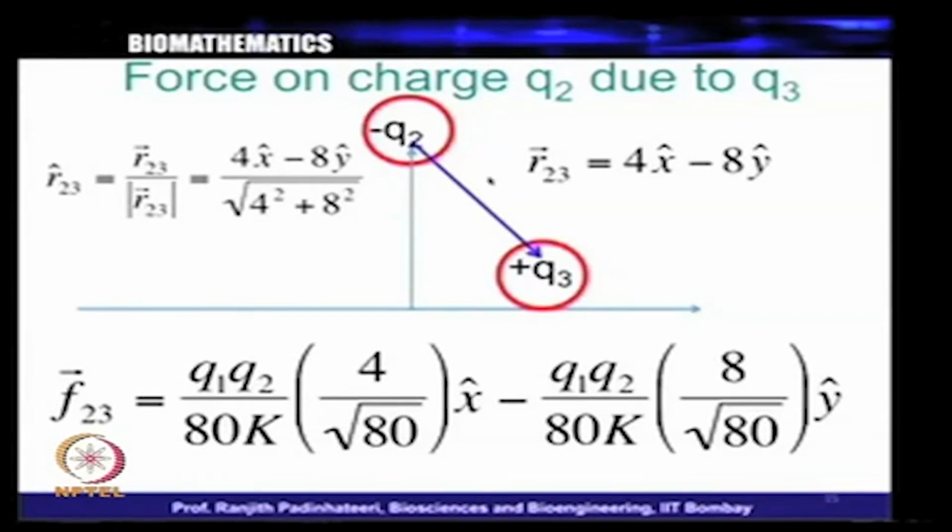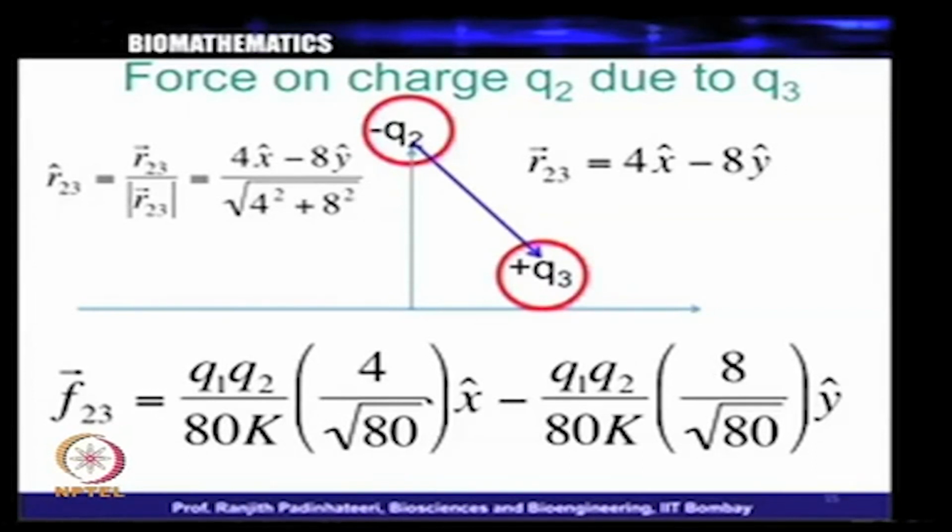Some amount of it will also get a pull towards the minus y direction. So, it will get pulled this way and this way. How much and where it will move, that we will see later, but the amount of force F23 is this much. So, F23 is now calculated. So, we calculated F12, F23.